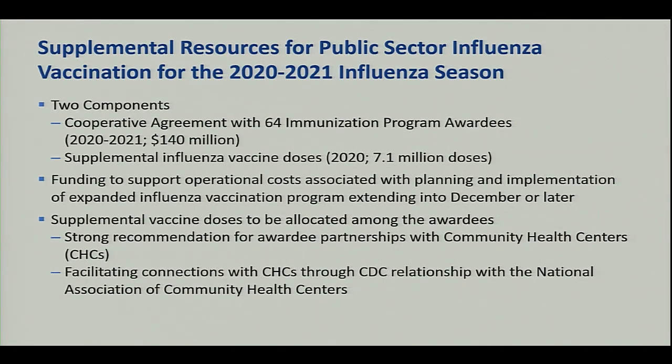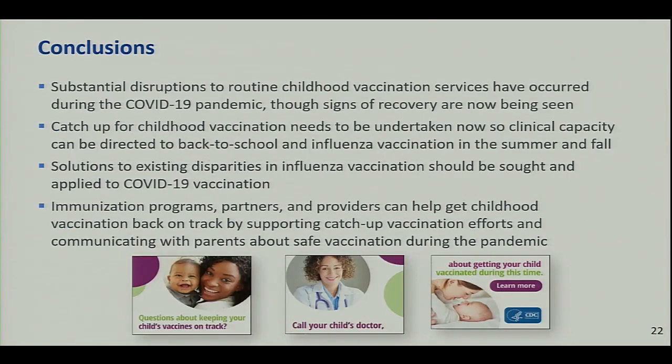Next. In conclusion, there have been substantial disruptions to routine childhood vaccination services and well child visits during the COVID-19 pandemic. We do see evidence of movement in the right direction, but we aren't done yet. We need to get children caught up as soon as possible so we can move on to back-to-school vaccination efforts and then influenza vaccination in the fall.